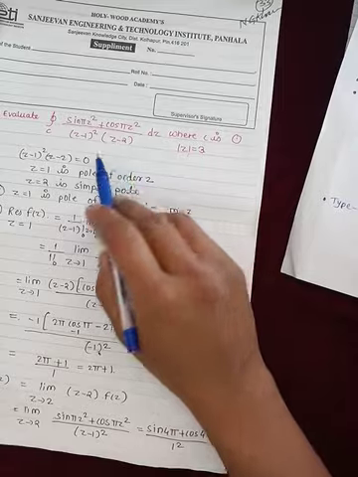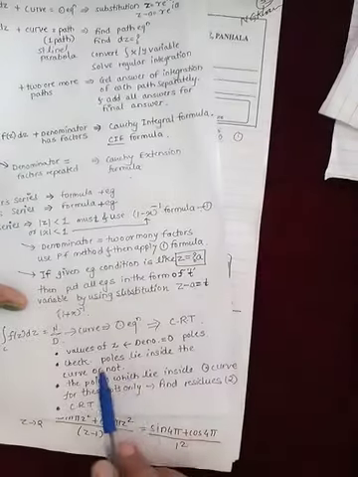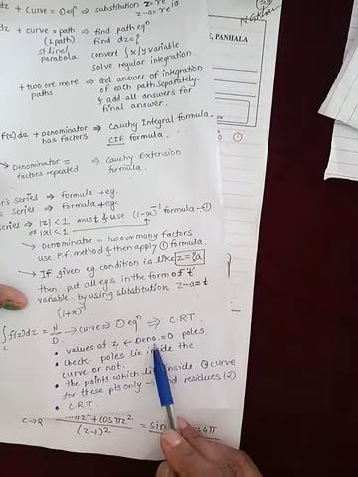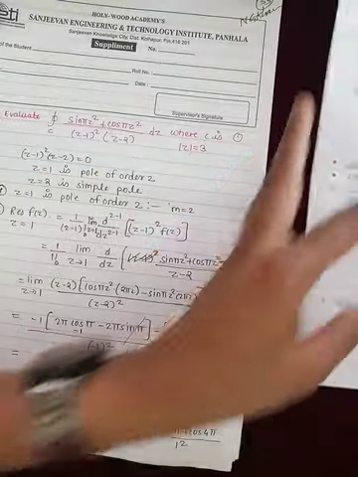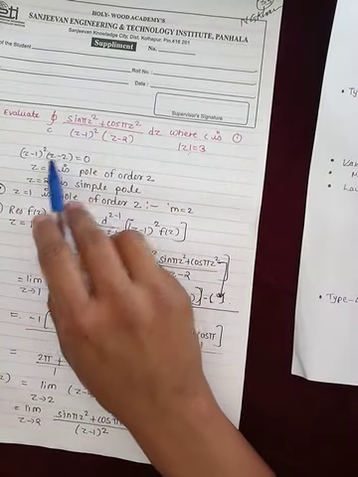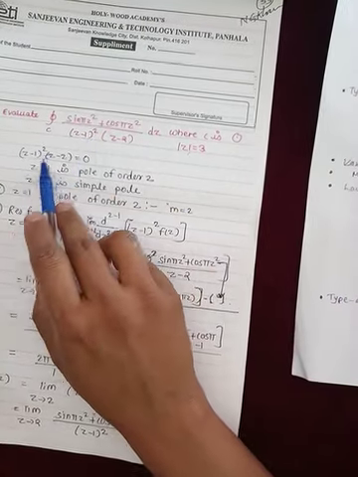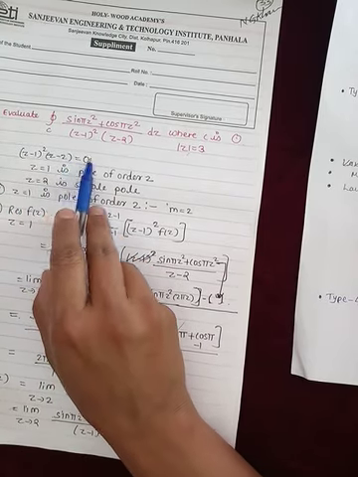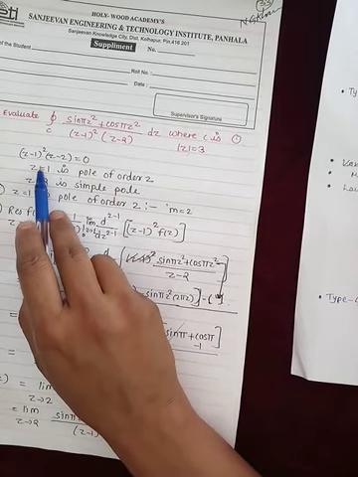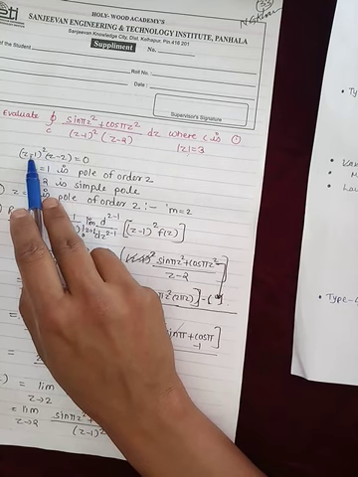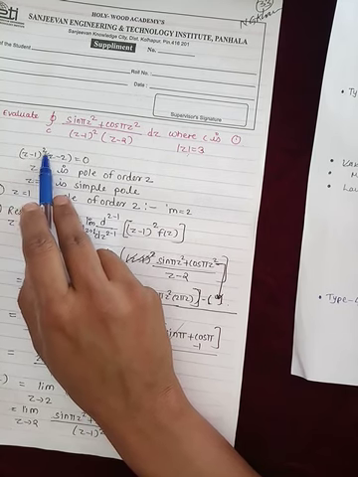So the first step is to find the values of z by taking the denominator equal to 0. We get (z minus 1)² equal to 0 or z minus 2 equal to 0. So z equal to 1, 2 times, because z minus 1 has the square power.